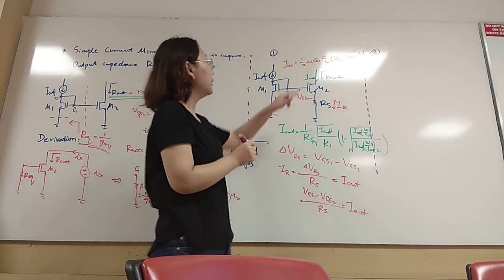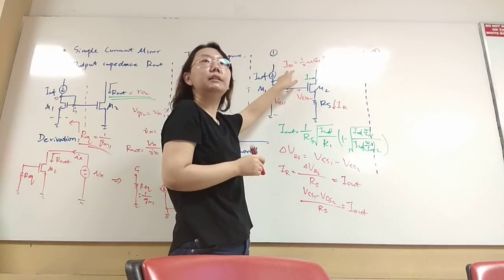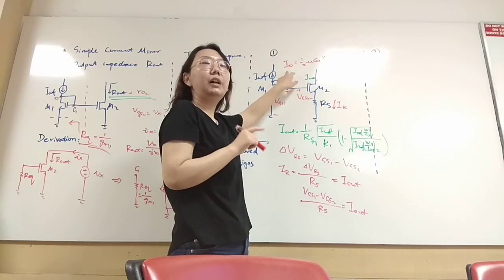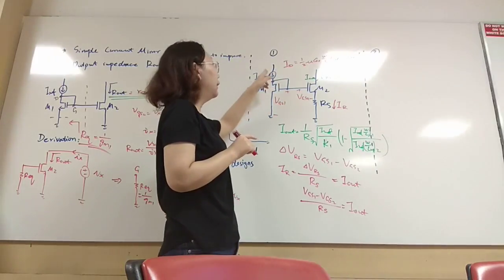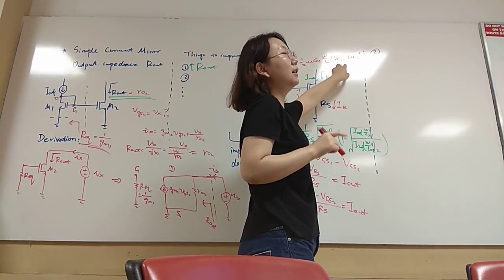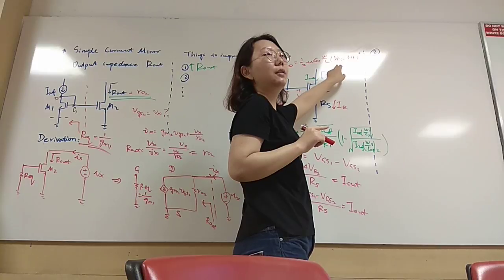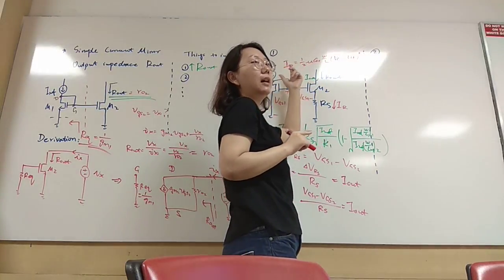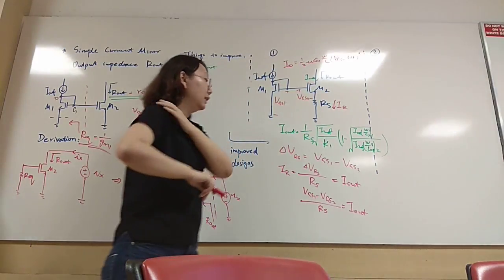This is the general ID equation for your MOSFET, right? It describes the relationship between the current flowing through your MOSFET, ID, and the gate source voltage, VGS.